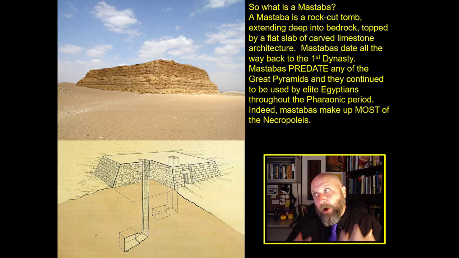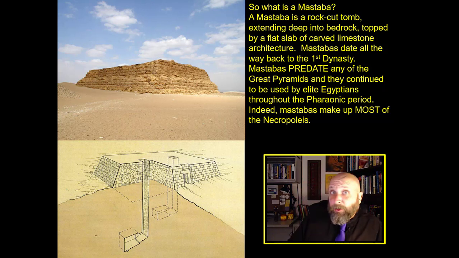Mastabas are part of all 5 Egyptian civilizations. They predate the pyramid, they're used during the age of the pyramids, and they're used for centuries, for millennia, after the Egyptians have quit building pyramids. Mastabas predate any of the great pyramids, and they can continue to be used by the Egyptians throughout the Pharaonic period.